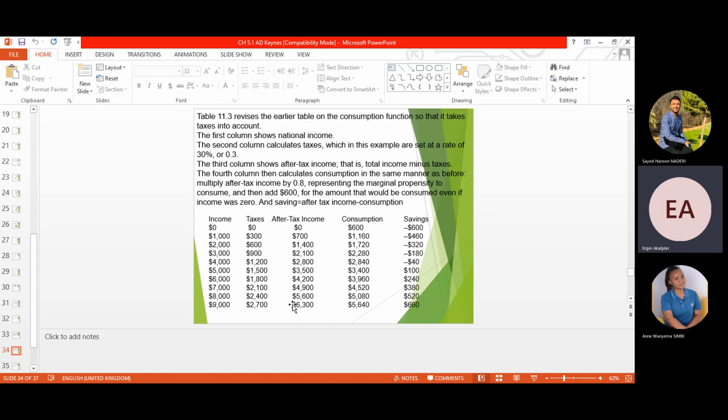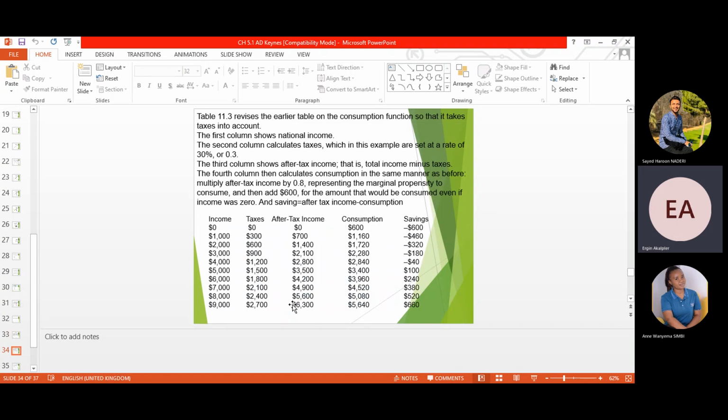The fourth column then calculates the consumption in the same manner as I mentioned to you. Multiply after tax income by the 0.8 and add the autonomous consumption.